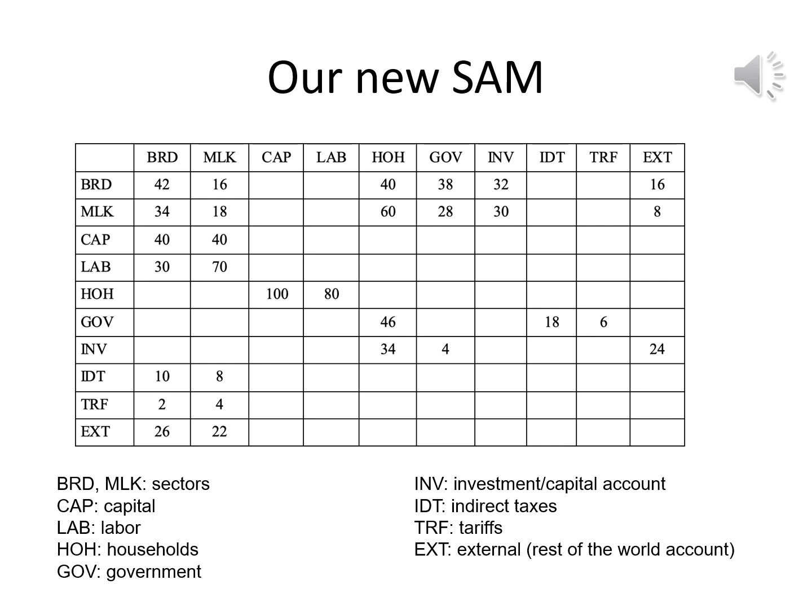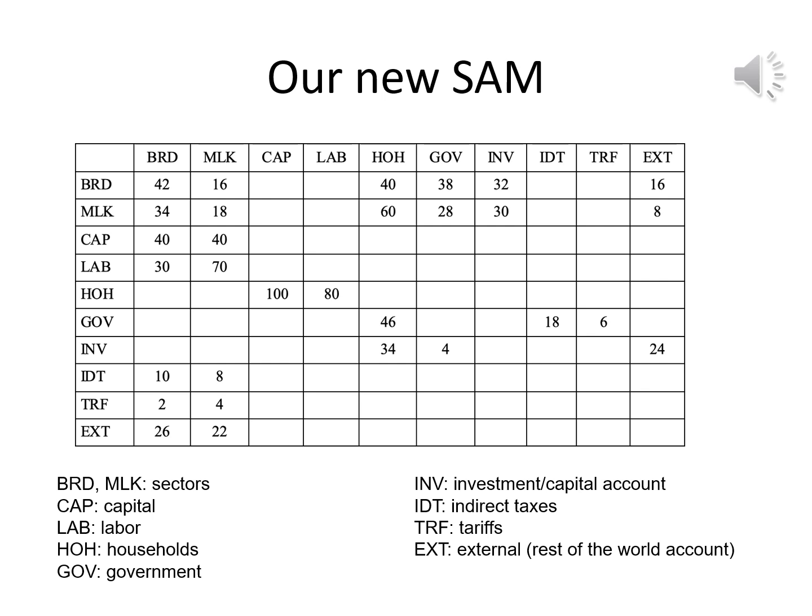And remember, the previous SAM had only bread, milk, capital, labor, and households. But these are actually the first five items here on this SAM you see here: bread, milk, capital, labor, and households.